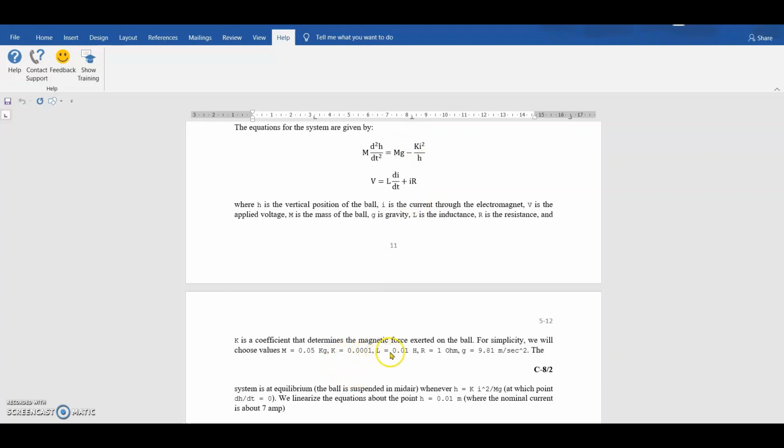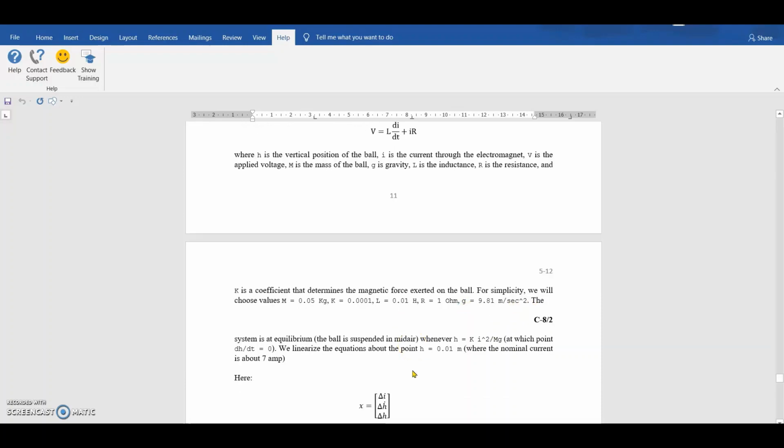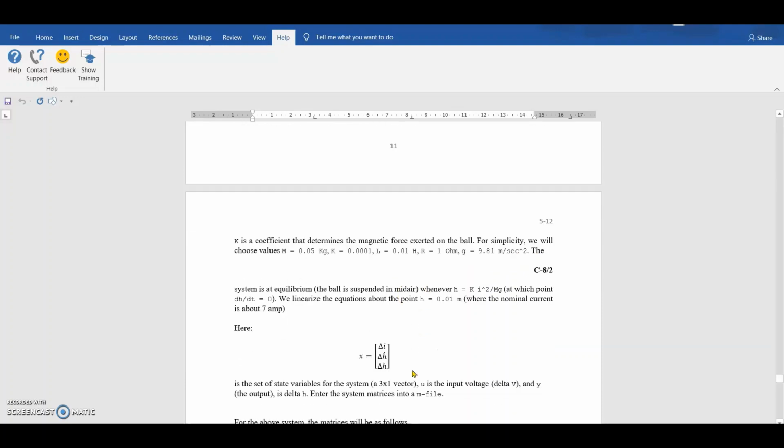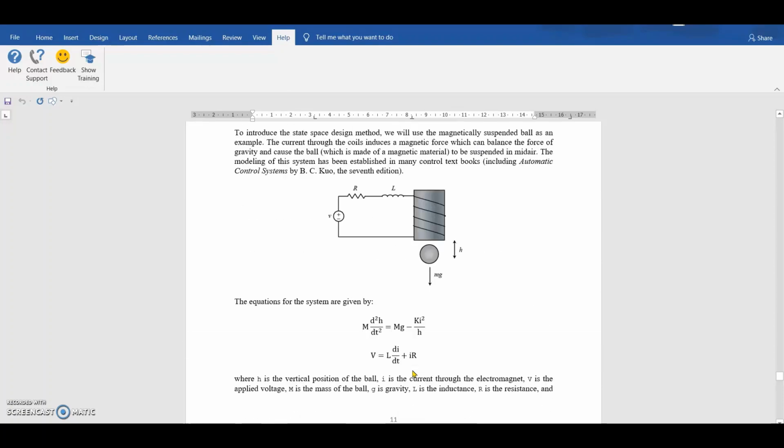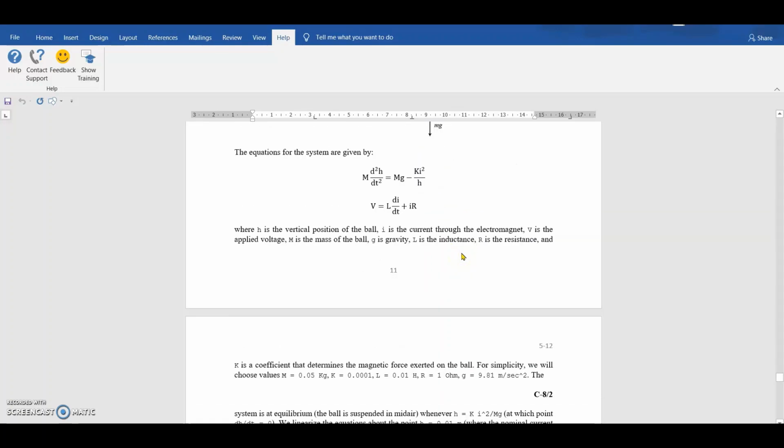L is the inductor, which is 0.01 Henry. R is resistance, having 1 ohm, and g is the constant, which you know is 9.81 meter per second square. Now let us say at the starting, when the ball was at rest, we start from h is equal to 0.01 meters.